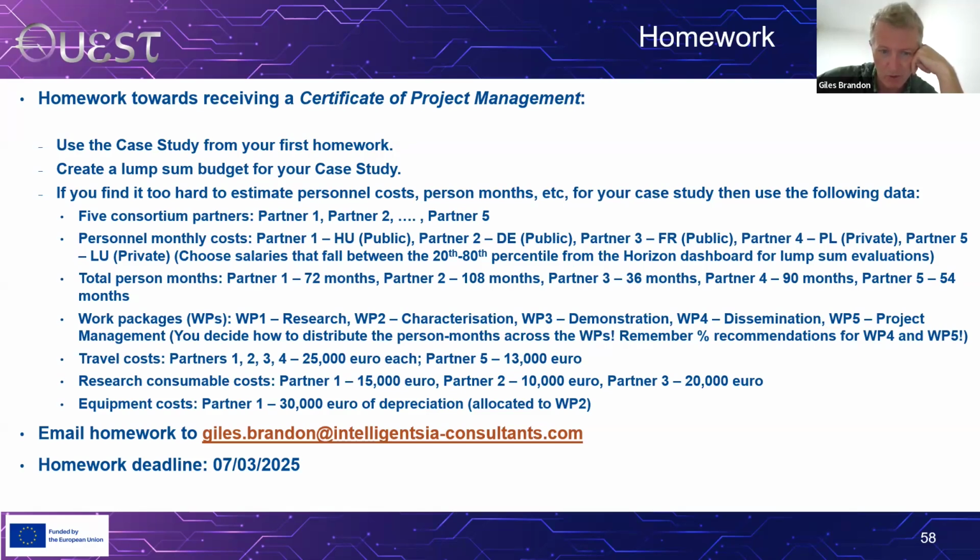So please make sure you respect that. Then there are some details here about travel costs for different partners, and some figures for research consumables, and one equipment cost. I said that there's one partner who's got some depreciation costs. So go ahead and use those.